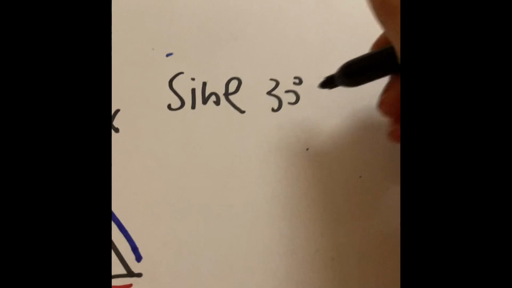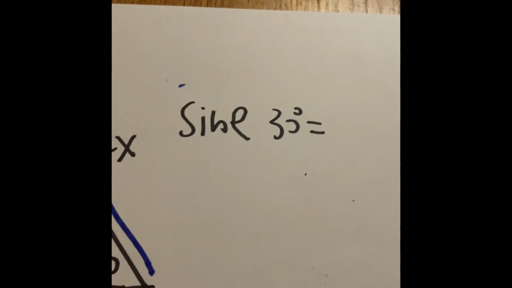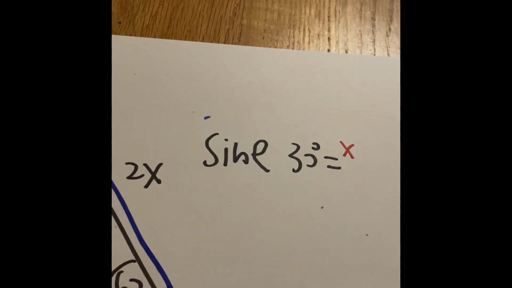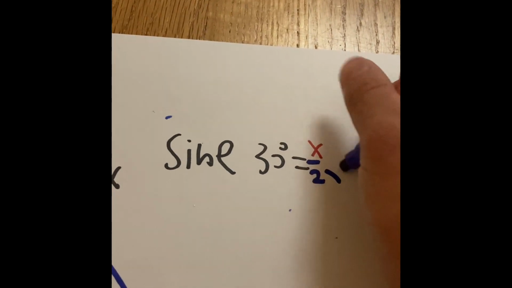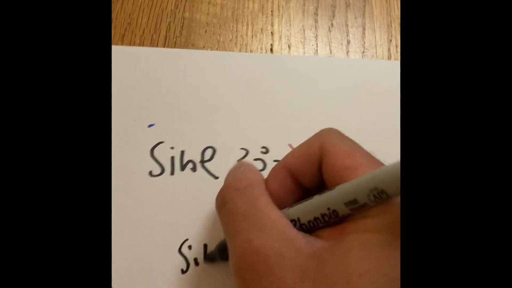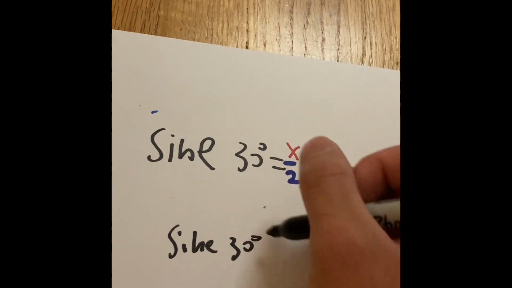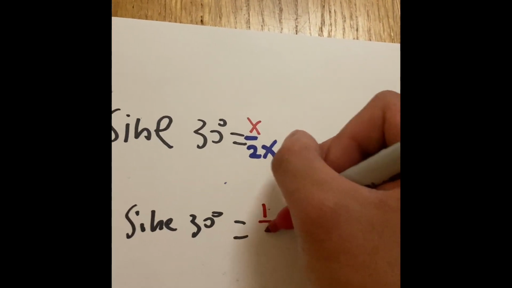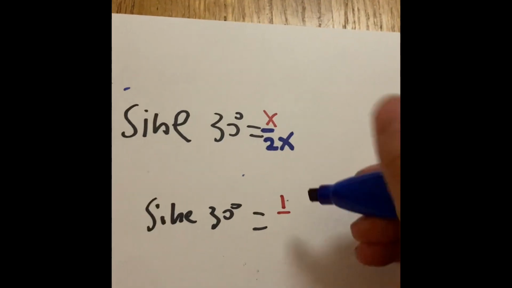So the sine of 30 degrees is going to equal x divided by 2x. If I simplify it, the sine of 30 degrees is going to be just 1 over 2.